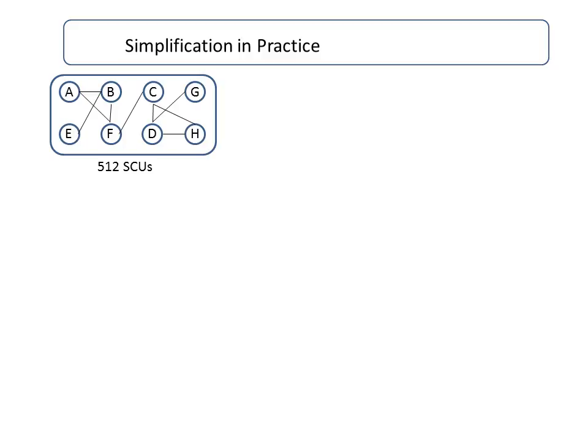It's not easy, and the problem is greatly exacerbated simply by the large number of possible ways there are of partitioning a system. So if you take a system that we have here with 8 functions and a total complexity of 512 standard complexity units, there are millions of ways that this system could be partitioned.